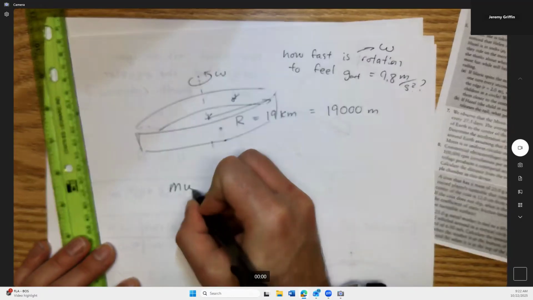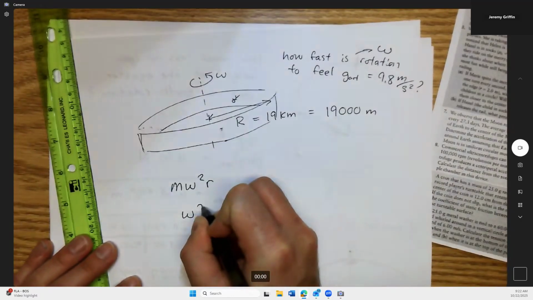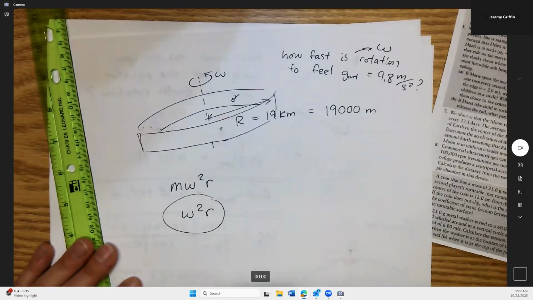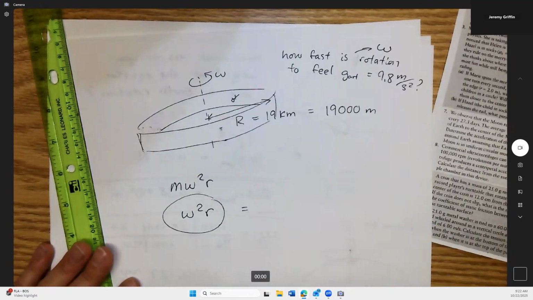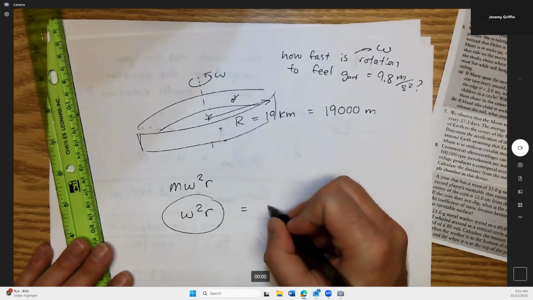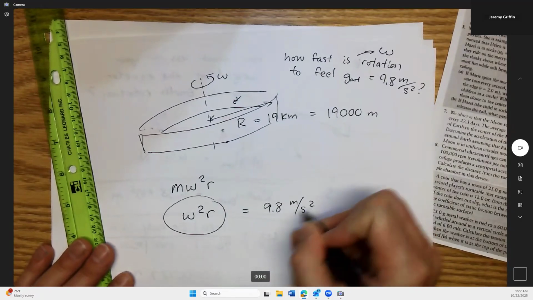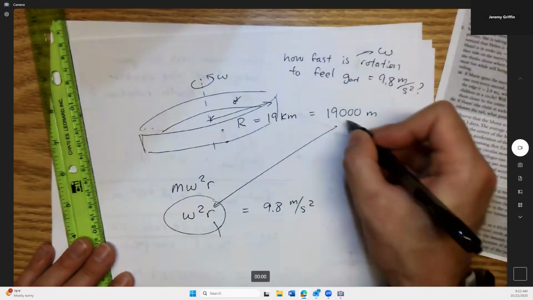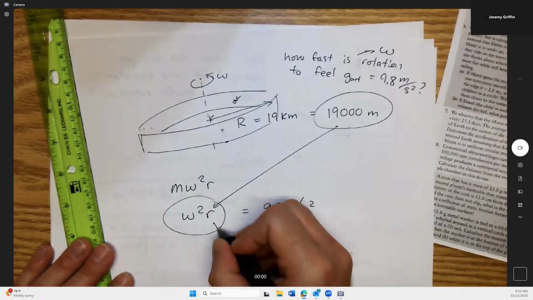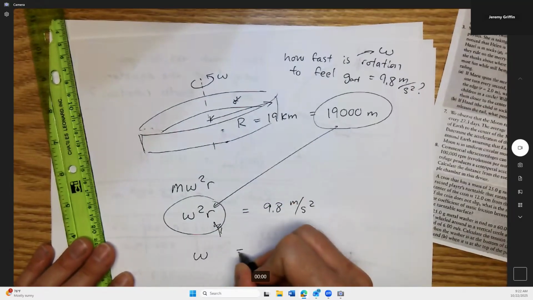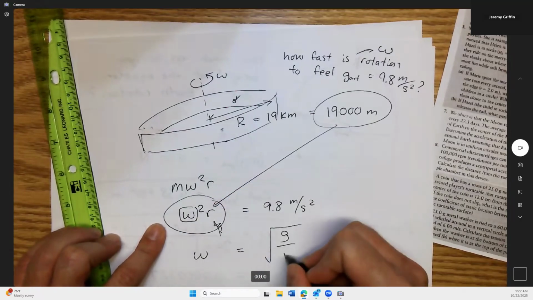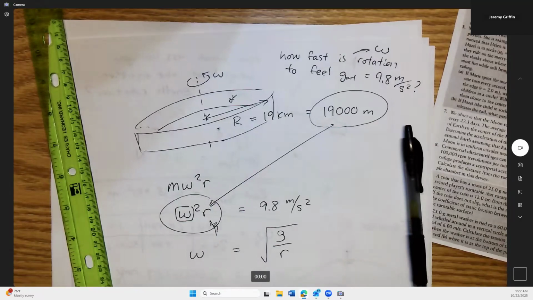So do I want m omega squared r, or do I just want omega squared r? Omega squared r. Let's go with that one. And that should be equal to 9.8 meters per second squared. So omega, would that just be the square root of g over r? Okay, go ahead, solve that.